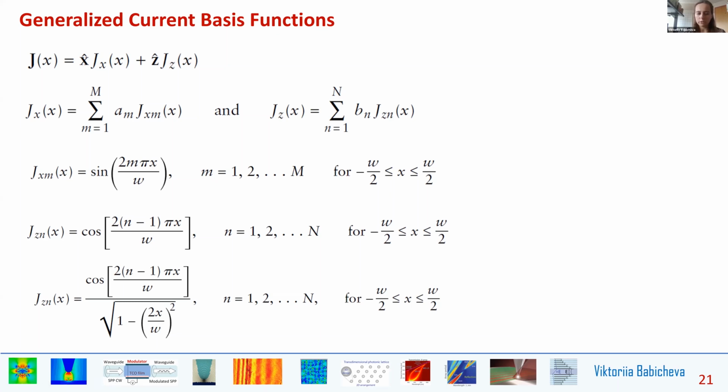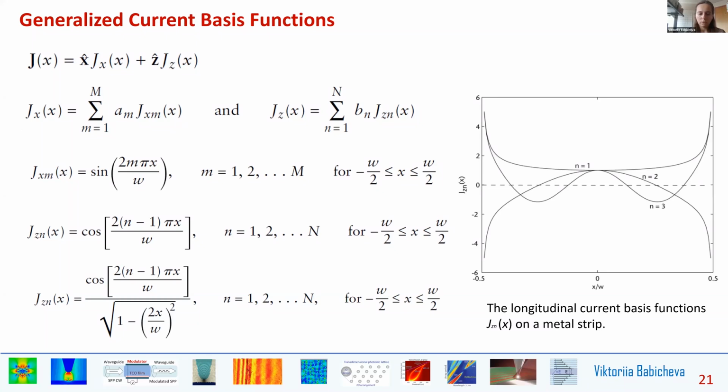So the basis functions described by this expression are orthogonal in nature, and this Jzn has these function values.